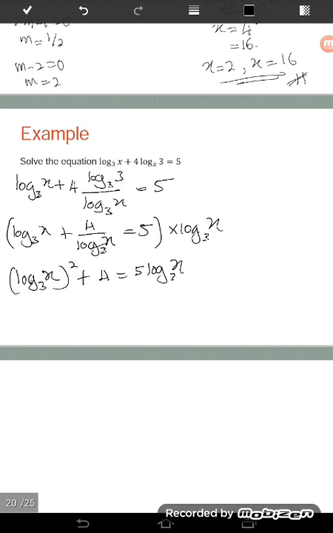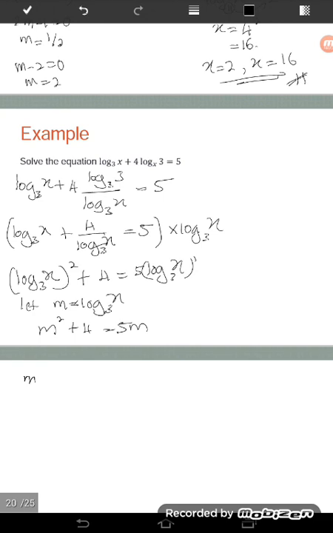Okay, so since here log x base 3 power of 2, but here is power of 1, so dia akan jadi kuadratik. Okay, so therefore I let m equal to log x base 3. So from here I will have m power of 2 plus by 4 is equal to 5m. And then rearrange.